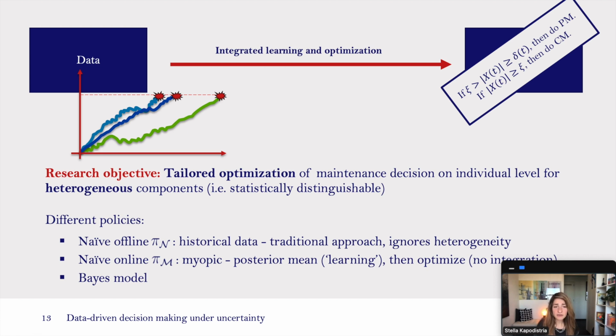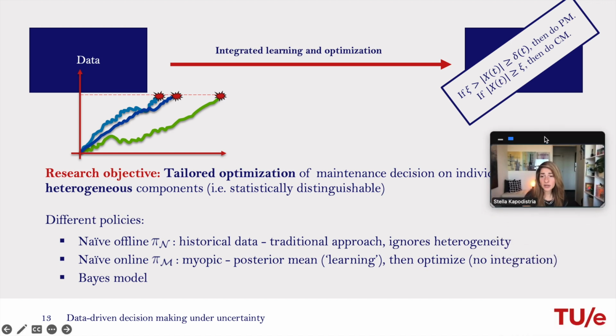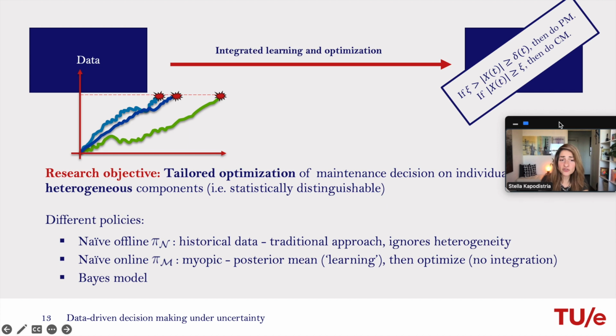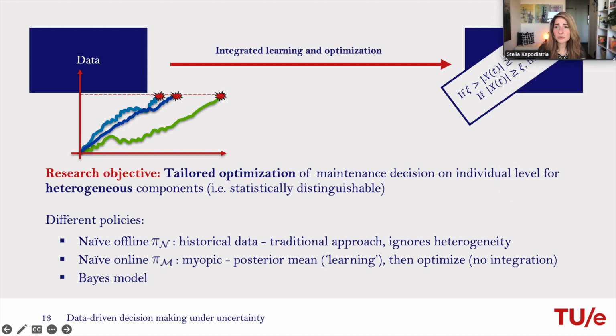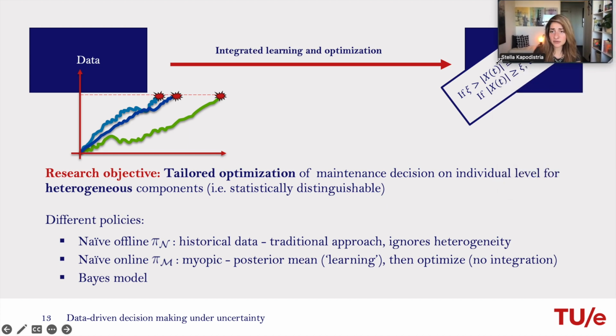We compare it to naive online learning, where, for example, if we assume that our drift is constant, we learn the drift from the sample path, and instead of doing a Bayesian updating, we just substitute the drift value based on the maximum likelihood estimate. And then we optimize with no integration at all. And we also have the Bayes model, which I'm going to talk about in more detail.